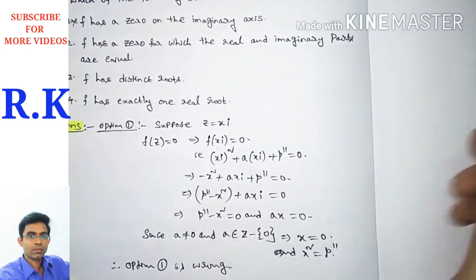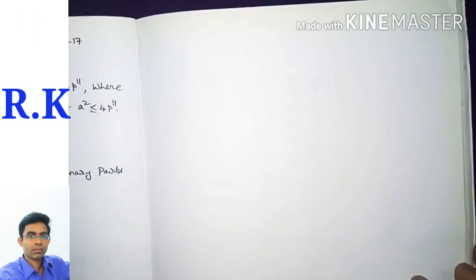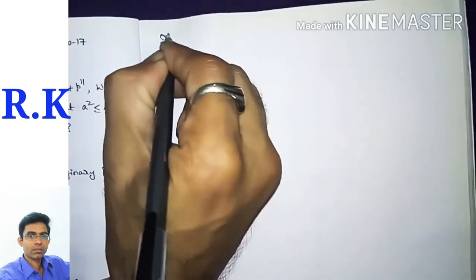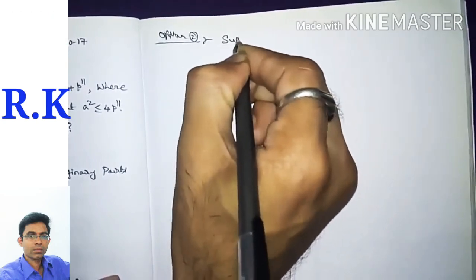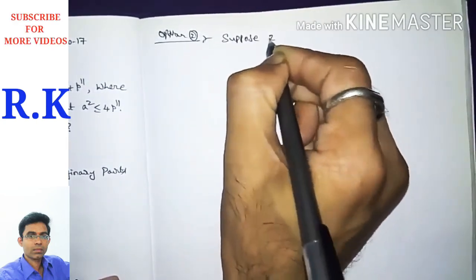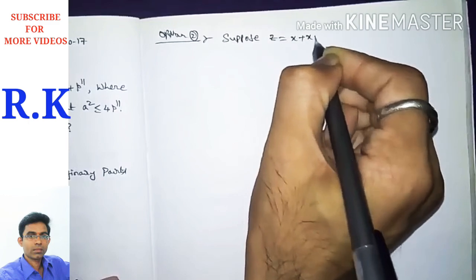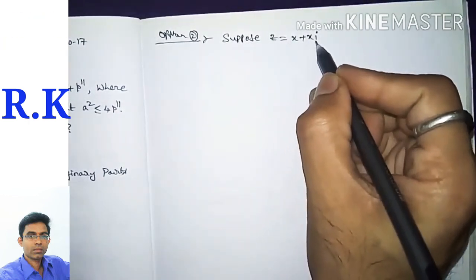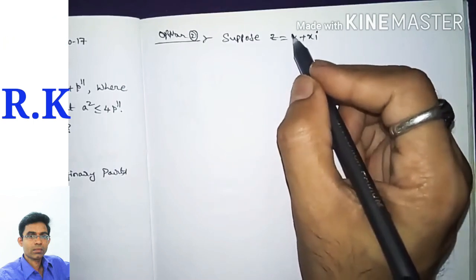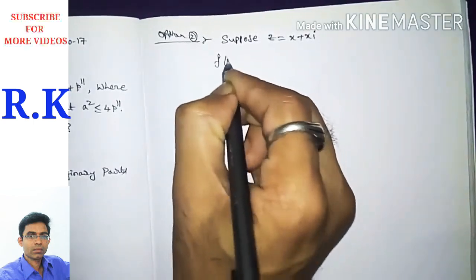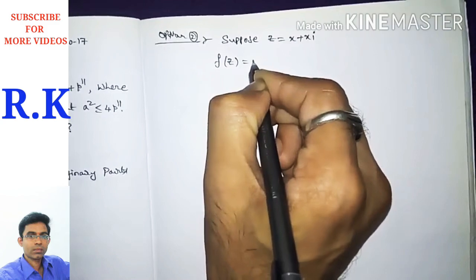Okay, so here coming to option number 2, suppose z is equal to x plus xi, means real part is equal to imaginary part, and it is a root of the given function f of z. That means f of z is equal to 0.